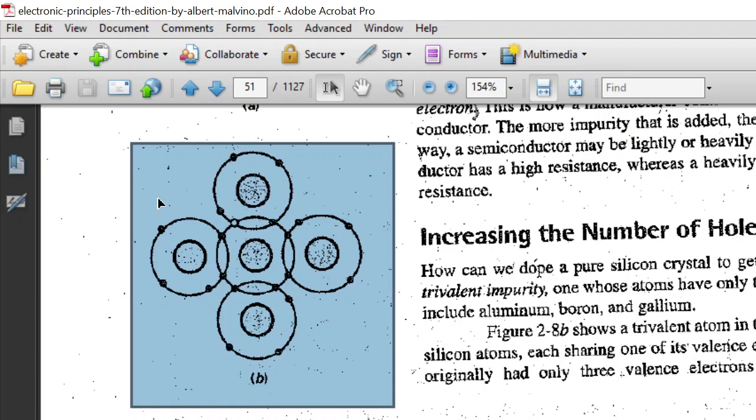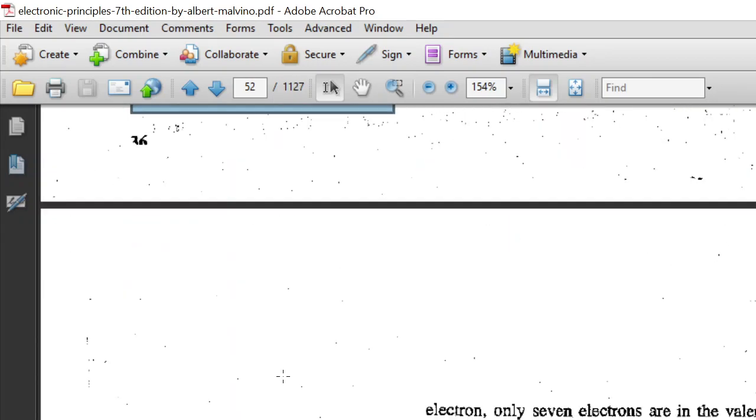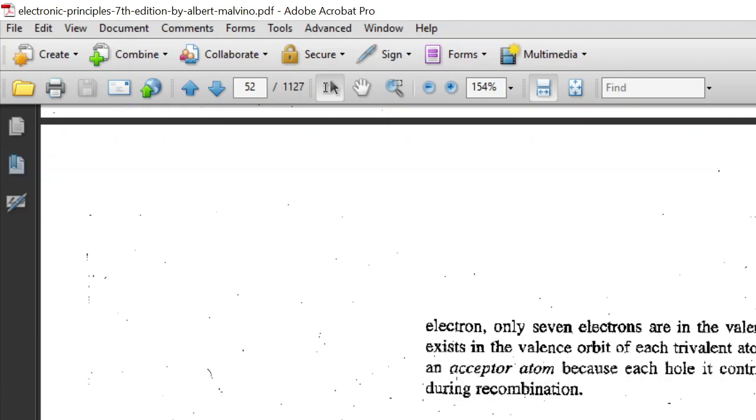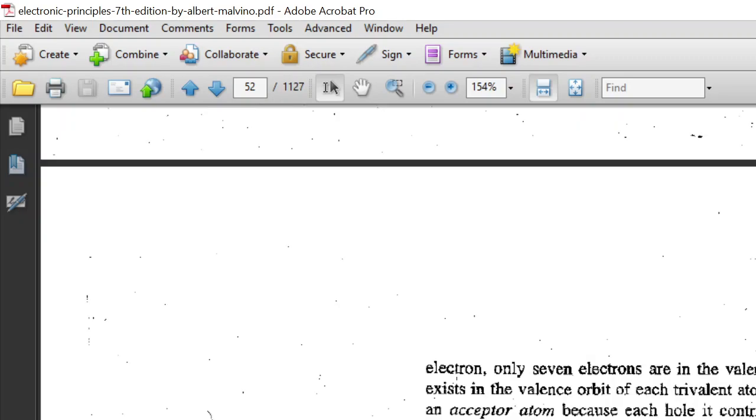Obviously, intrinsic holes and free electrons were already there. These are additional holes getting created due to the addition of the impurity. This trivalent atom is also called an acceptor atom, because during recombination this hole will accept a free electron from the lattice. So it is an acceptor atom.